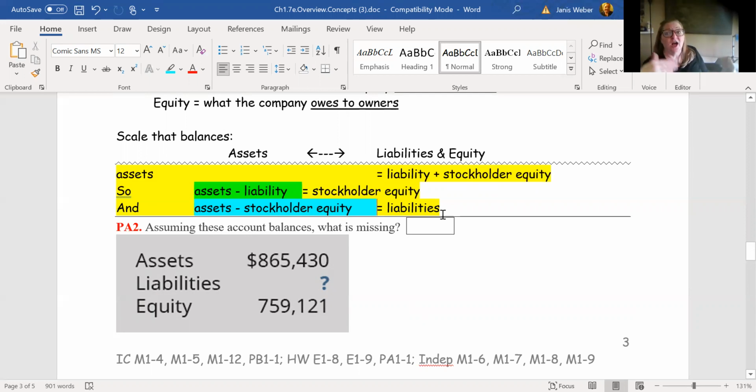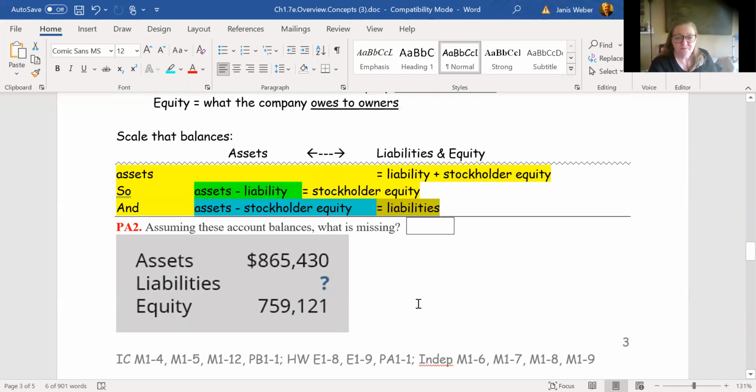So this is how you can isolate the answer when you've got a missing piece in a problem like this. If you know assets is 865,430 and you know equity is 759,121, you could just use this: assets minus stockholders' equity gives you the liabilities.